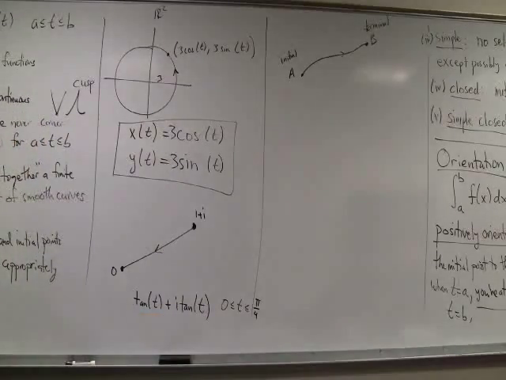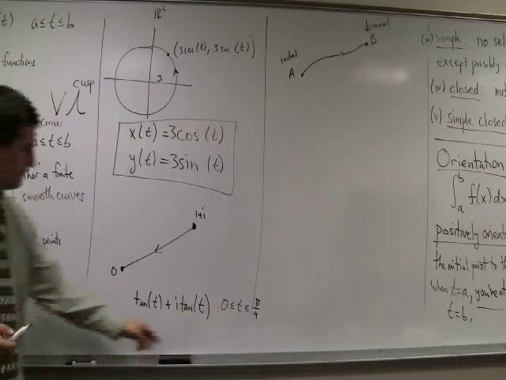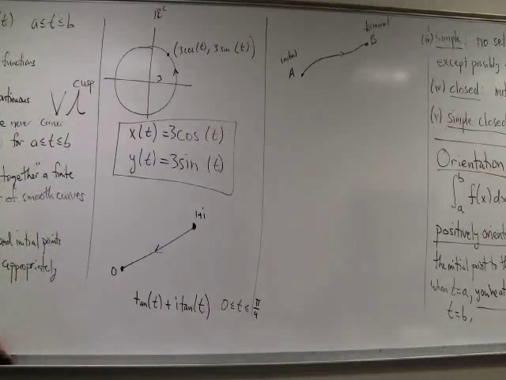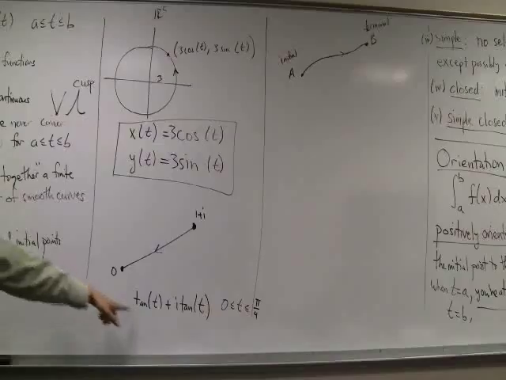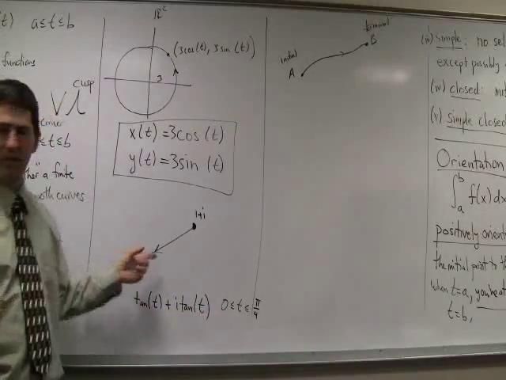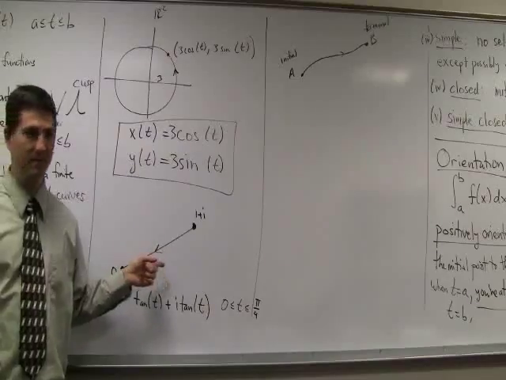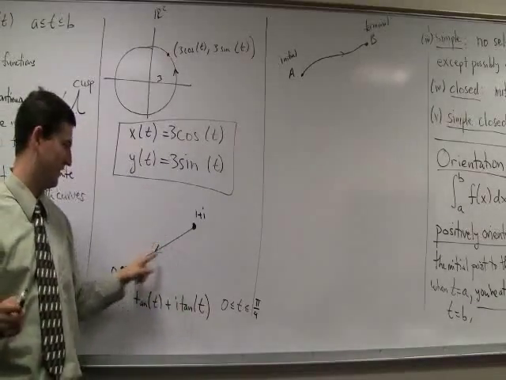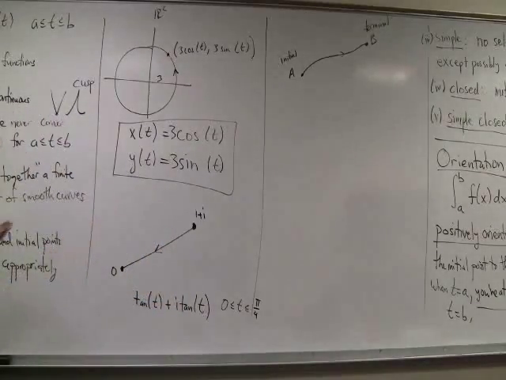That's the way I'm thinking about it in my head. Of course, you can rephrase all these things backwards and say, okay, here's a parameterization, and I'll call this negatively oriented because it's going the wrong way, because this arrow's going the wrong way. Either way, these are the same thing.